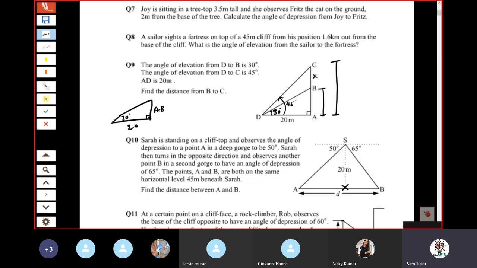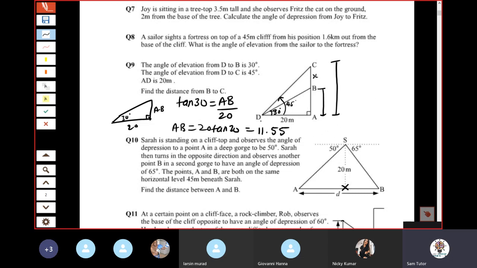So obviously you're going to use opposite over adjacent, which is tan, equals opposite over adjacent, and then of course AB is 20, 30. You plug that into your calculator. It doesn't say exact, so you can just plug it all into your calculator, and it says 11.54 or 11.55.